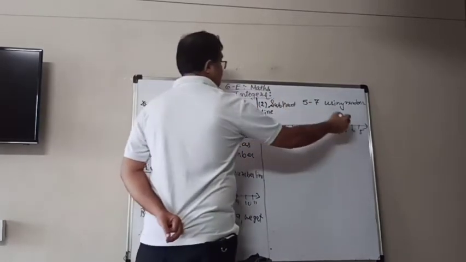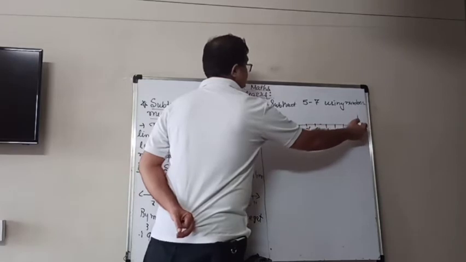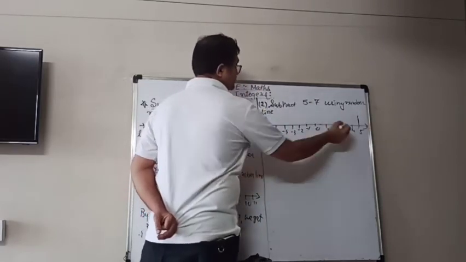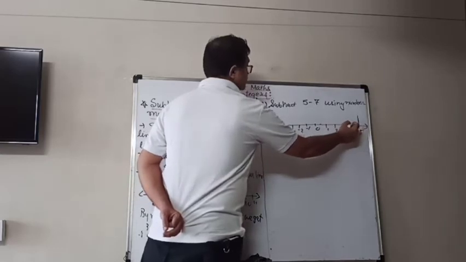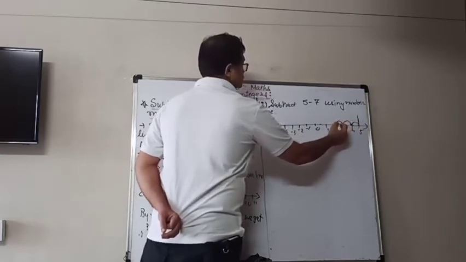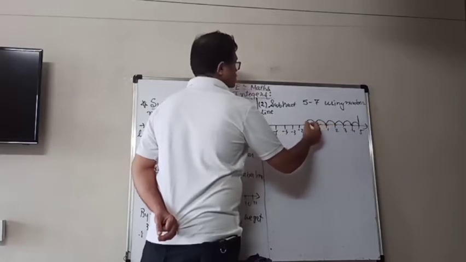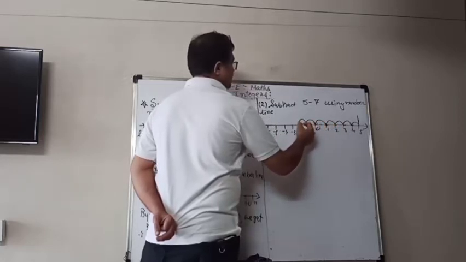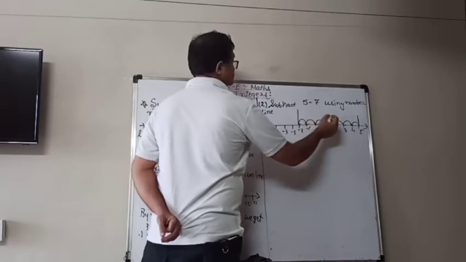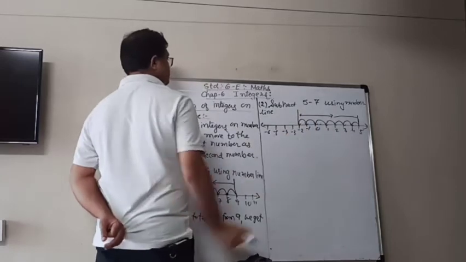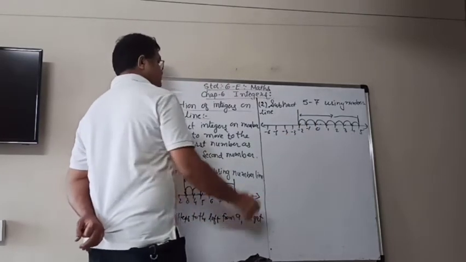You have to start from 5 and move 7 steps towards the left. So 1, 2, 3, 4, 5, 6 and 7. So by moving 7 steps to the left, what did we get? Minus 2.